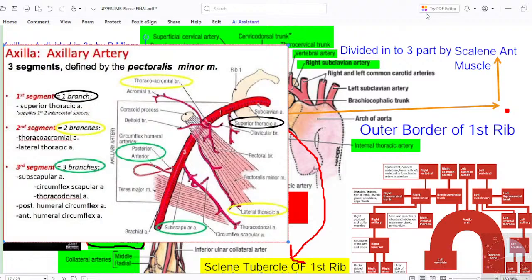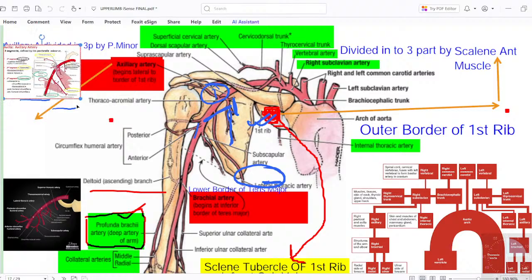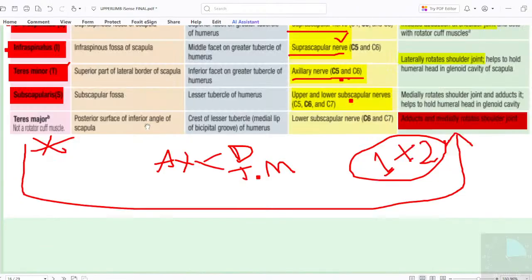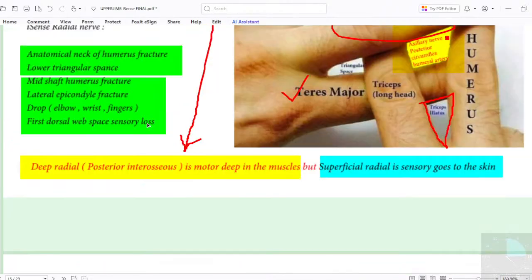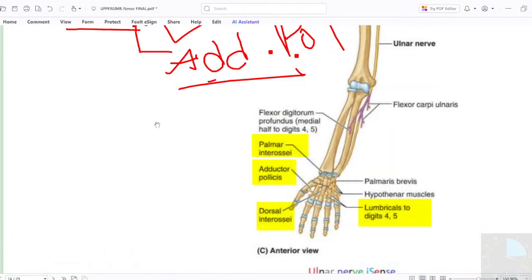Teres major, yeah. I always forget this, everyone forgets this: teres major and pec minor.